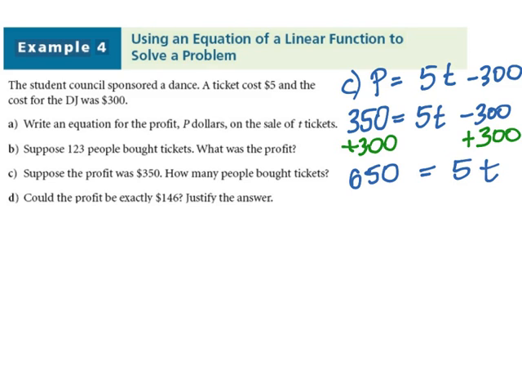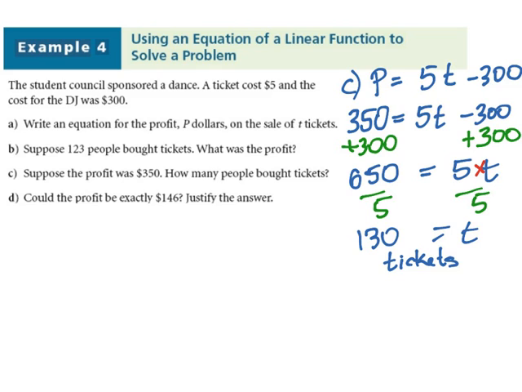Recall that there's an operation of multiplication between 5 and T. And to separate the T from the 5, we have to divide both sides by 5. Therefore, our T is equal to 650 divided by 5, which is 130. That means 130 tickets have to be sold for a profit of 350 to be made.